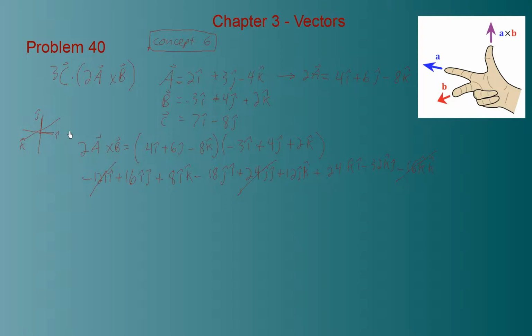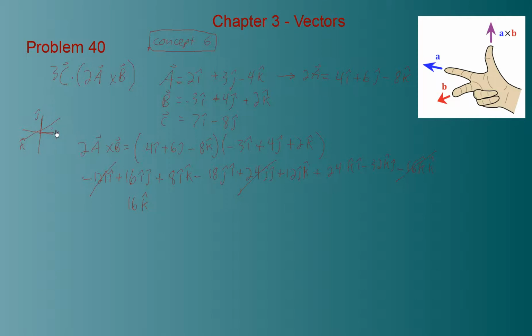You'll notice your palm is facing up and your thumb is pointing towards you. And towards you is represented by positive K. So 16IJ turns into 16K, and it's positive. And you can do that. I'll do one more for you. You put your pointer finger in the I direction, that's pointing towards your right, this way.